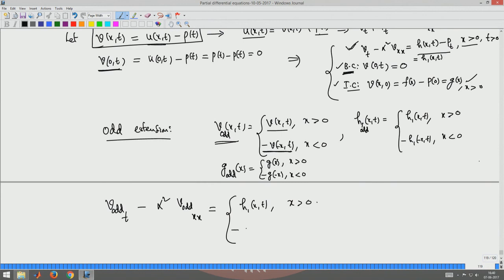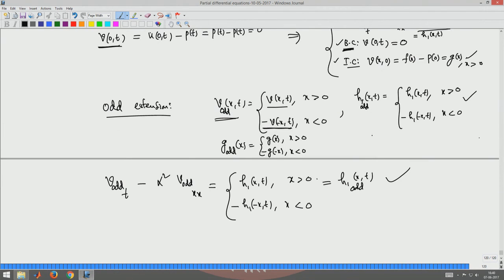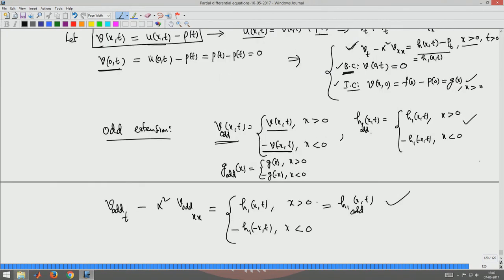That is h1 of minus x t with x negative. We already extended this as an odd function, so this is nothing but h1 odd of x t. So, this satisfies the non-homogeneous equation, and the boundary condition is automatically satisfied now. This is 0 because the extension is odd, so at x equal to 0 it is 0 for all times.